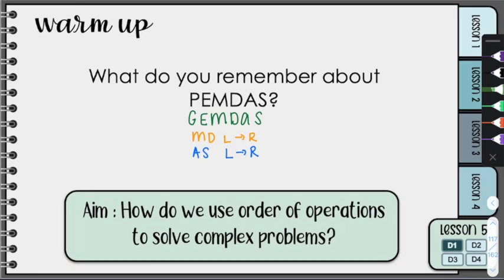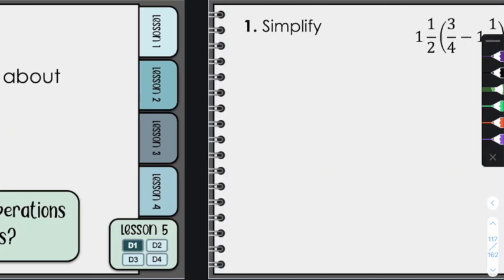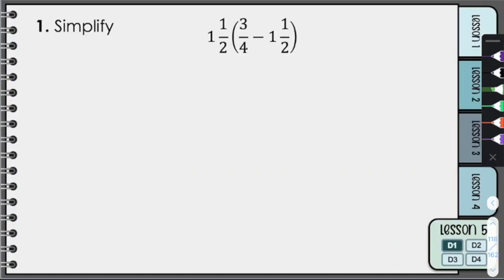Okay, let's try our first example. So here we have 1.5 times 3/4 minus 1/2. So again, we're going to be following order of operations, or GEMDAS or PEMDAS. We need to make sure we're applying our rules for integers as well. So here we want to deal with our parentheses.